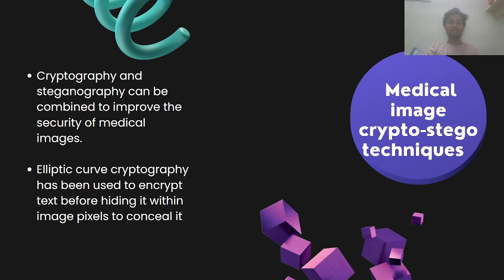Several recent studies have proposed different methods for encrypting medical data and hiding it within image pixels to prevent unauthorized access. One approach used is elliptic curve cryptography to encrypt text before embedding it into image pixels to conceal it.